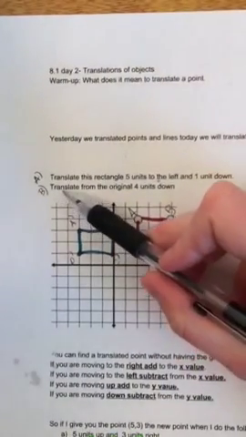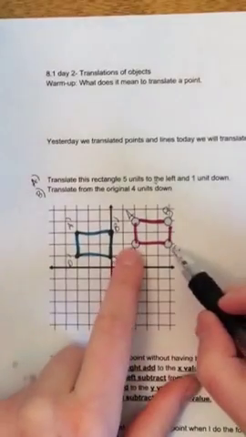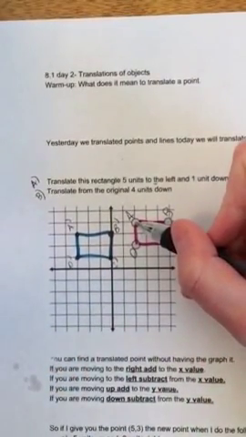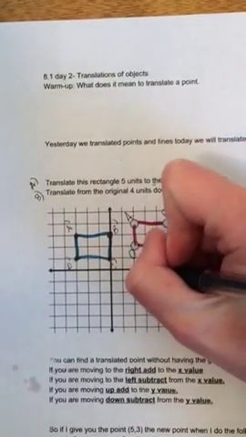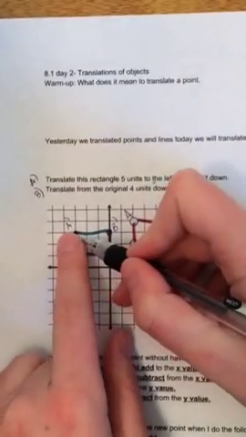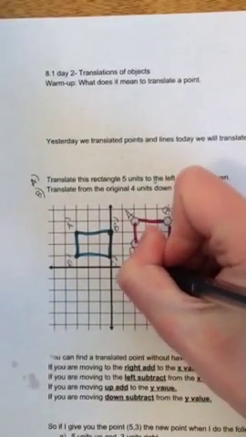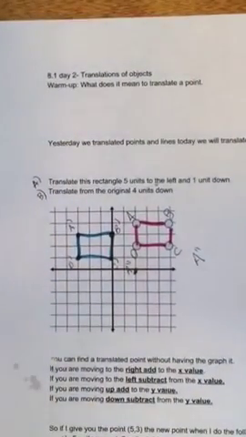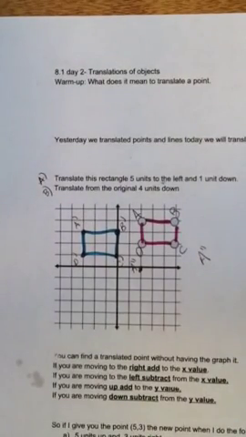Now the second translation says translate from the original 4 units down. So they want me to move the original rectangle 4 units down. I'll start with A and go 1, 2, 3, 4. I don't want to call it A prime because this one's already A prime, so I'll call it A double prime, with 2 little dashes. It's A double prime because it's our second rectangle made from this.